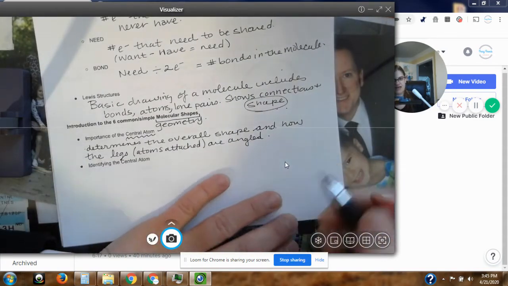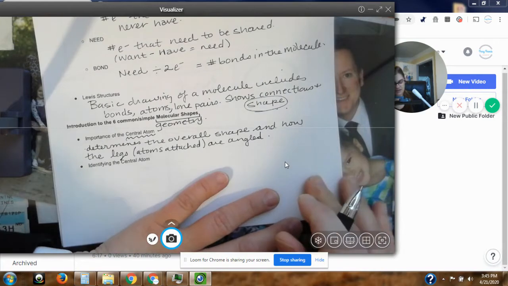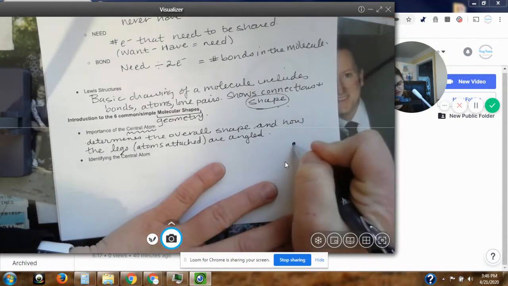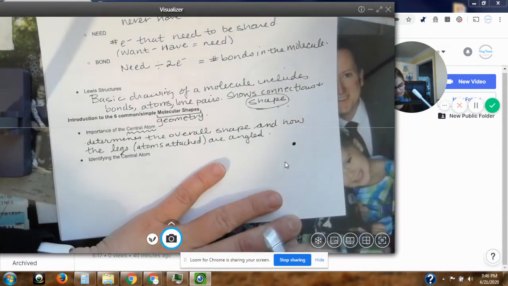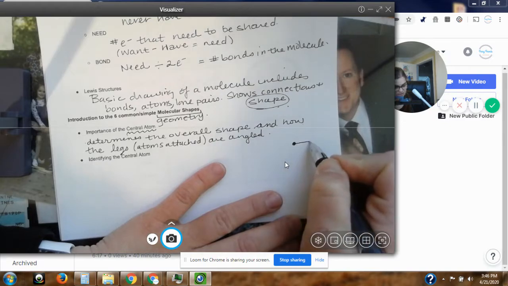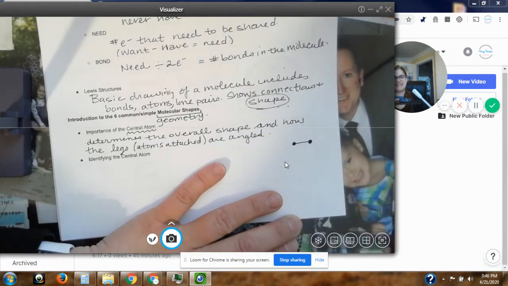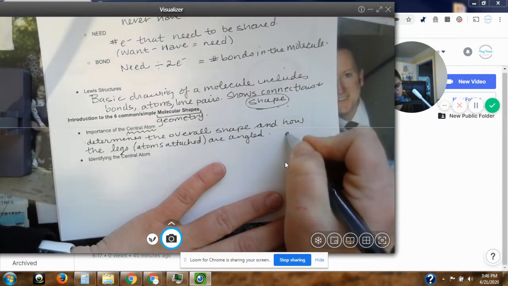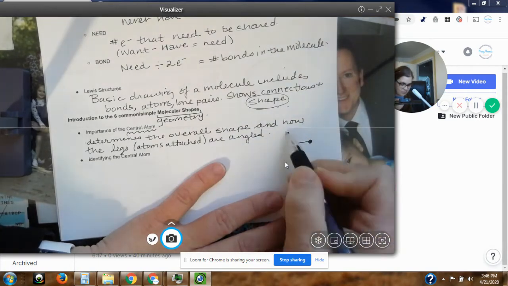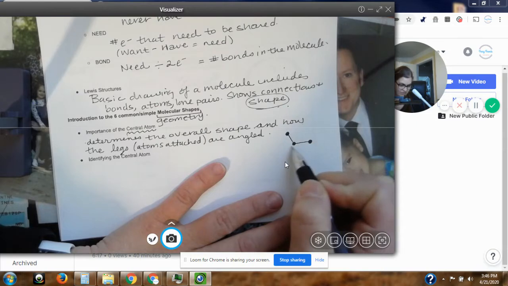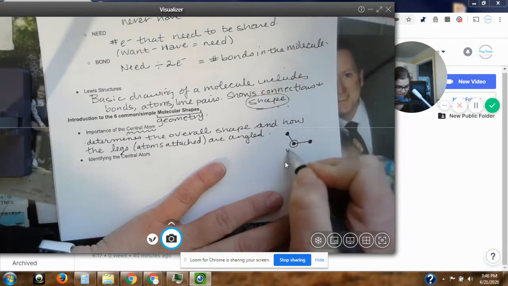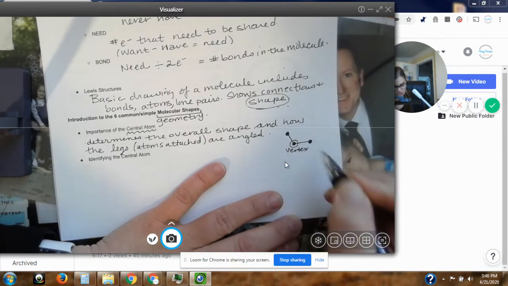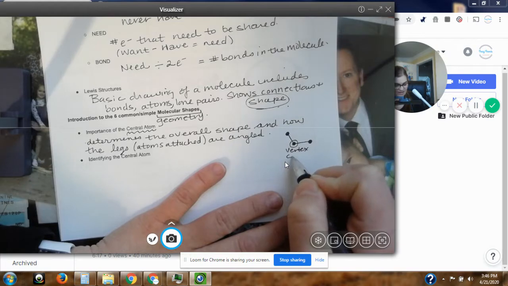You have to have 3 points. So this goes back to your math class. If we have 1 point and another point attached to it, there really isn't an angle. We actually have to have a third point, and that's the vertex in math, and in chemistry we'll call this the central atom.